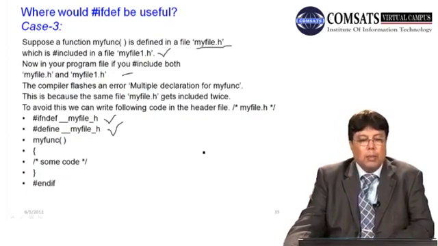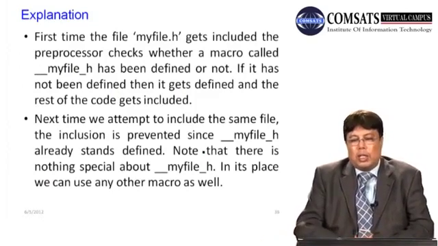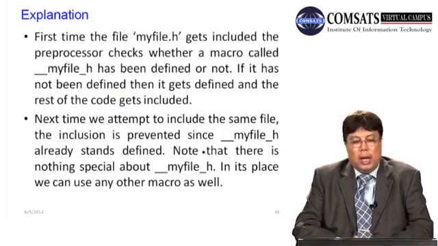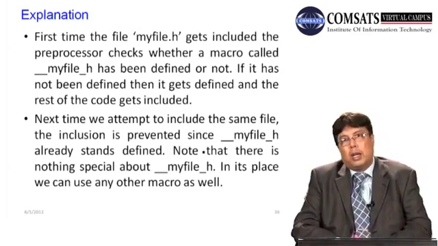Yes. First time the file myfile gets included, the preprocessor checks whether the macro myfile_h has been defined or not. If it has not been defined, then it gets defined. Okay, it will be defined because you have put in the check. If not defined, then define it.